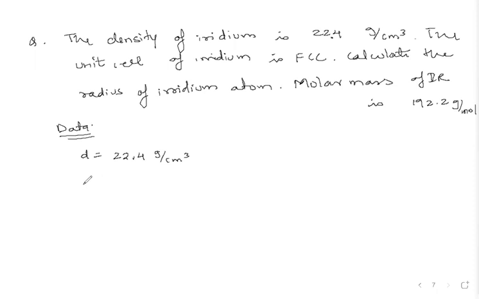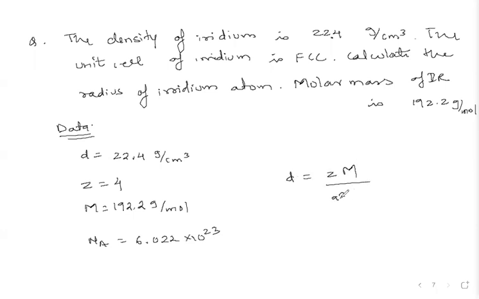Then आपको FCC बोला है, इसका मतलब Z कितना हो गया, 4. Then आपको मोलार मास दिया हुआ है 192.2 ग्राम पर मोल. एंड Na का वैल्यू सबको पता है, 6.022 into 10 raised to 23. देखो यहाँ पे मोलार मास दिया है, मतलब कौन सा फॉर्मूला यूज करेंगे? फर्स्ट फॉर्मूला, density is equal to Z into M upon A cube into Na.